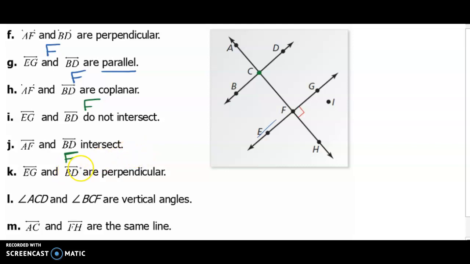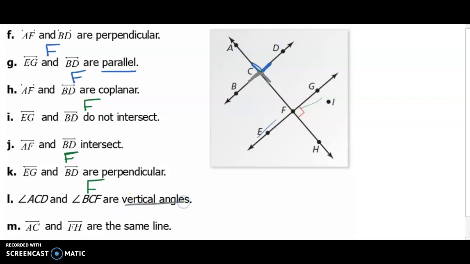All right, so K says EG, so EG is right here, and BD, which is right here, are perpendicular. They sure don't look like it. Nothing says that they are. All right, angle ACD, so this angle here, and angle BCF, so this angle here, are vertical angles.